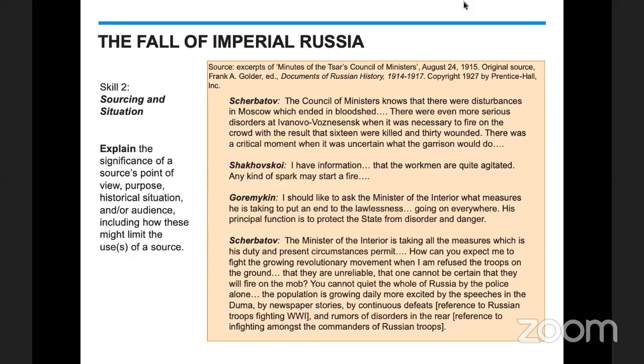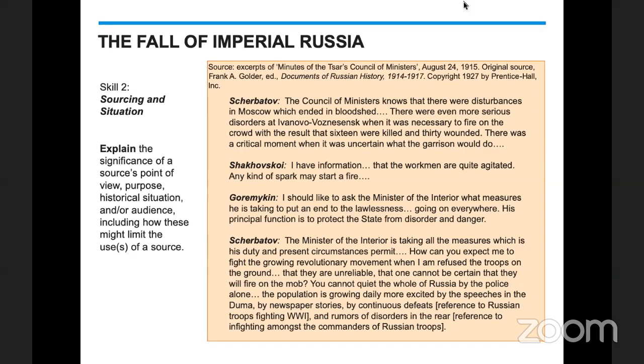Shakovskoy, I have information that the workmen are quite agitated. Any kind of spark may start a fire. Gormikin, I should like to ask the Minister of the Interior what measures he is taking to put an end to the lawlessness going on everywhere. His principal function is to protect the state from disorder and danger.